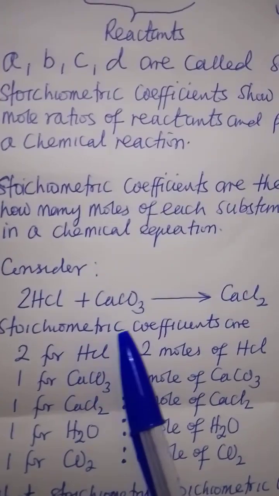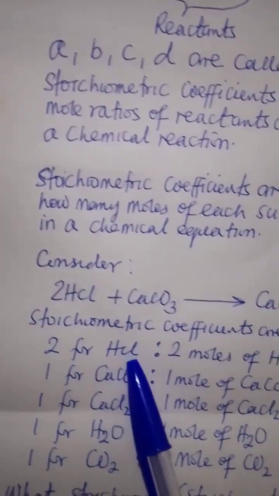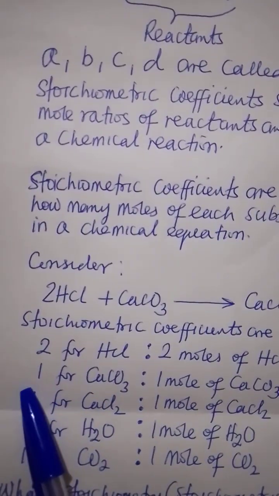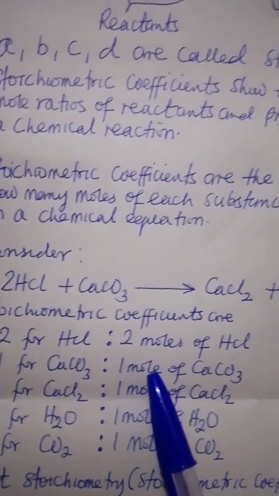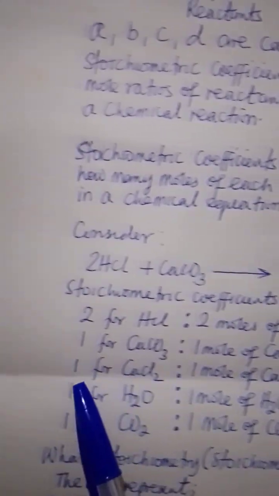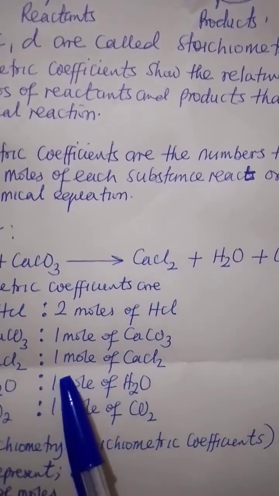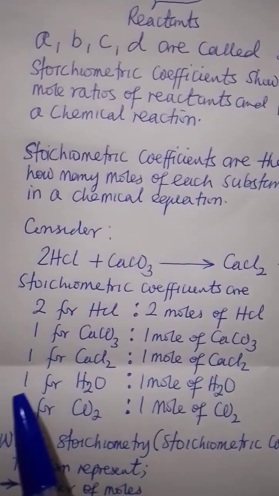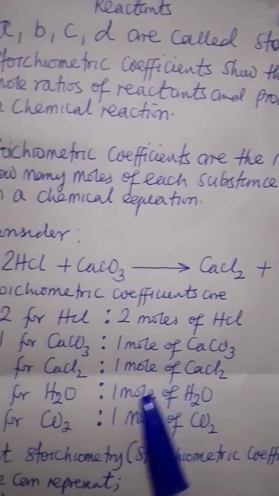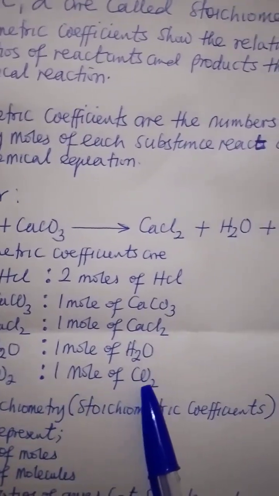The stoichiometric coefficients are as follows: 2 for HCl, that is 2 moles of HCl, 1 for CaCO3, that is 1 mole of calcium carbonate, 1 for CaCl2, that is 1 mole of calcium chloride, 1 for H2O, that is 1 mole of water, 1 for carbon dioxide, that is 1 mole of CO2.